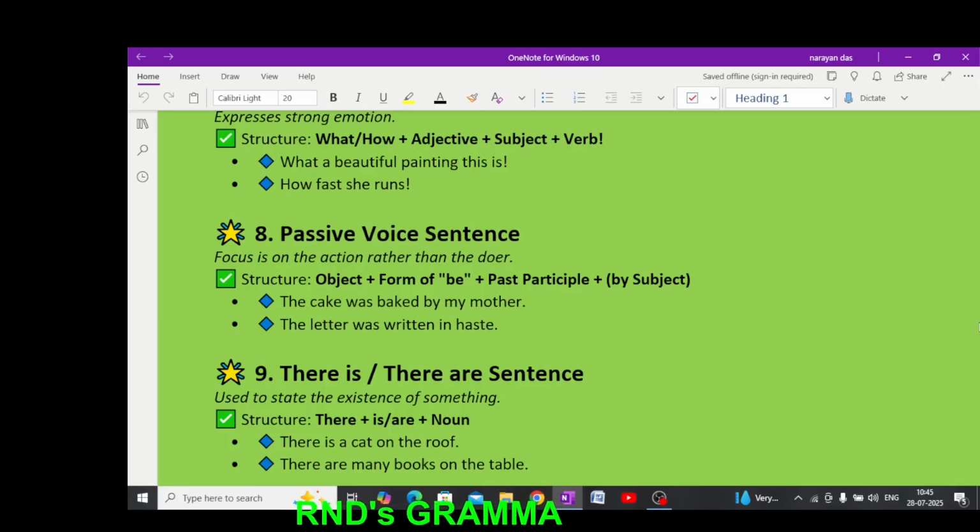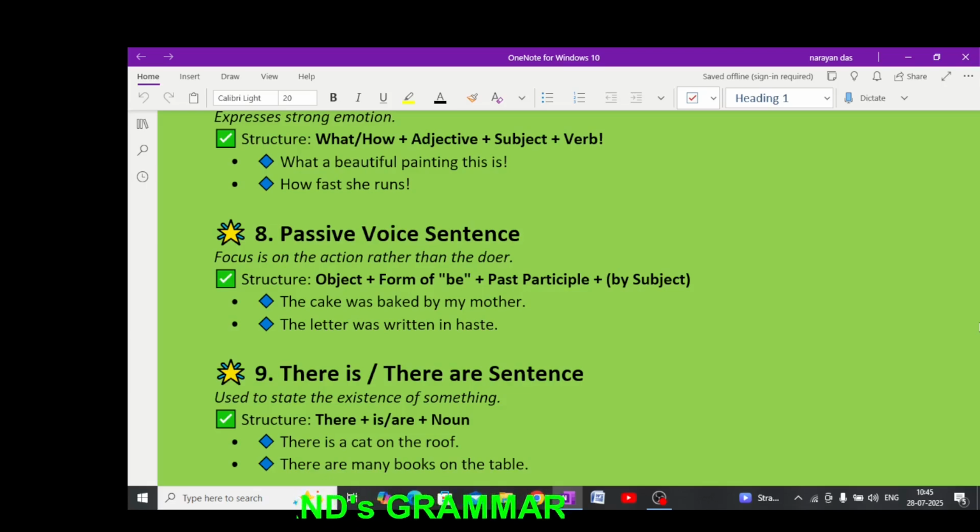But an active sentence gives importance to the subject, telling us that the subject is doing some action. A passive sentence gives importance to the action.